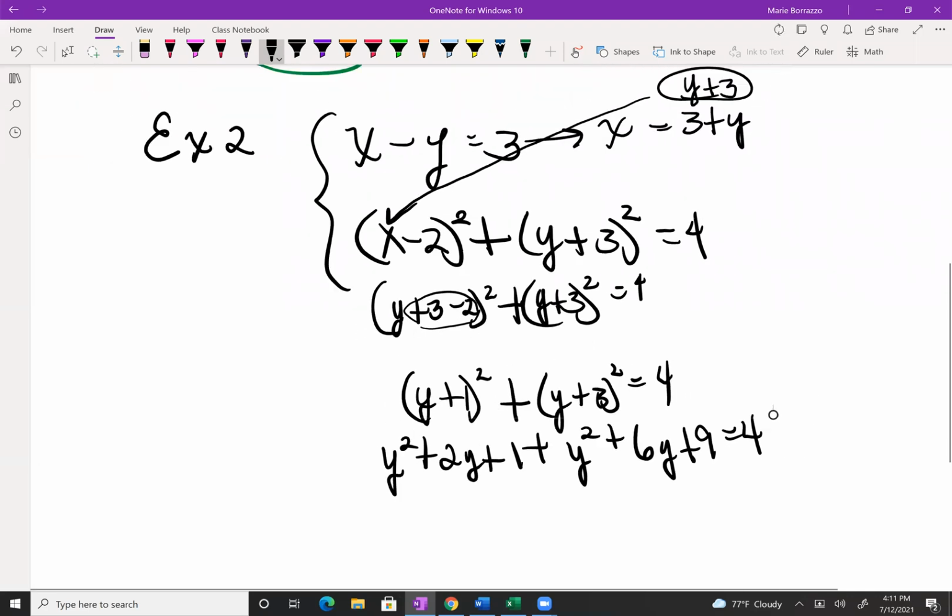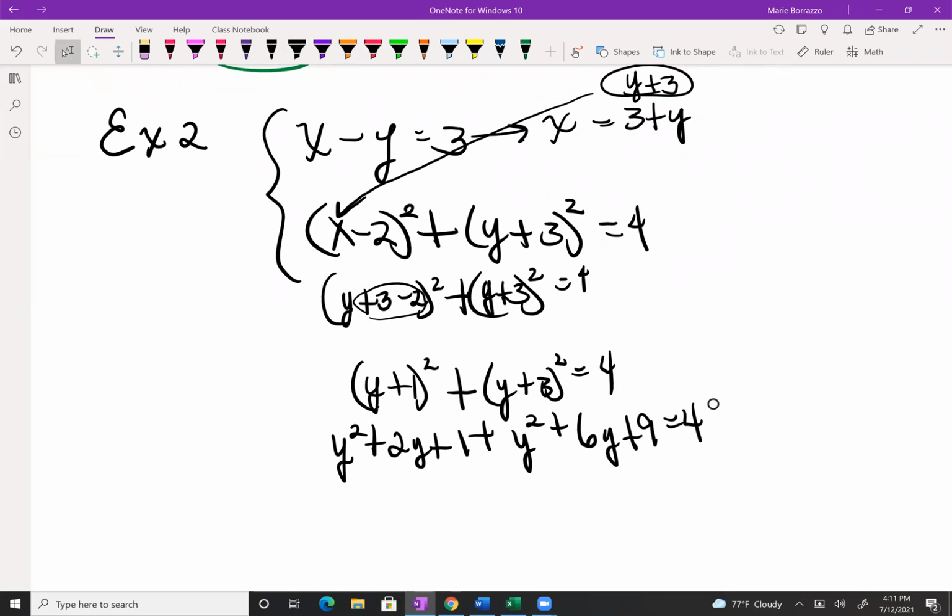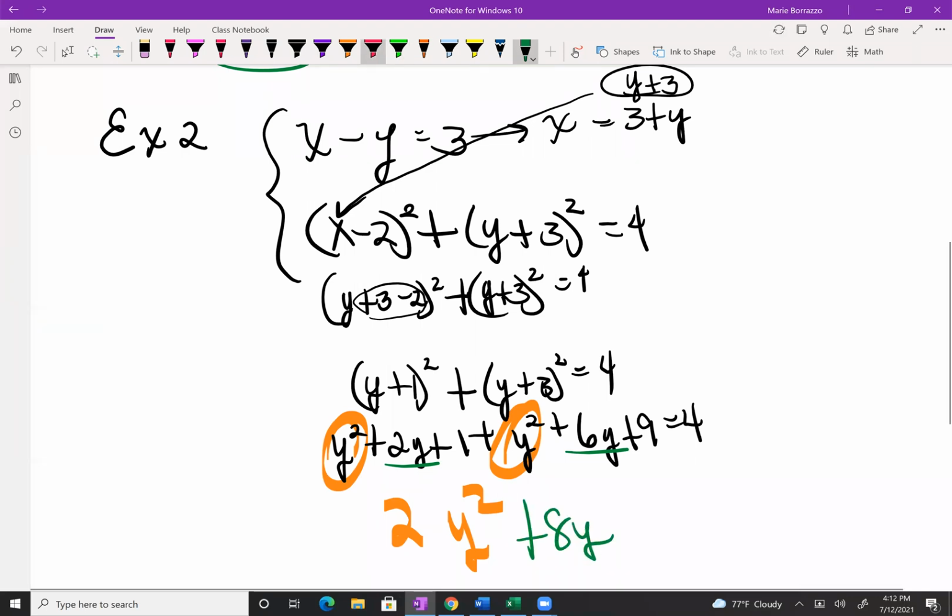All right, and so if I'm going too fast, let me know. Notice that I'm going to combine my y squares. They're both positive, so this becomes 2y squared. I have a 2y and a 6y, which combined become positive 8y. And I have a 1 and a 9 to give me a plus 10. And this is equal to 4.